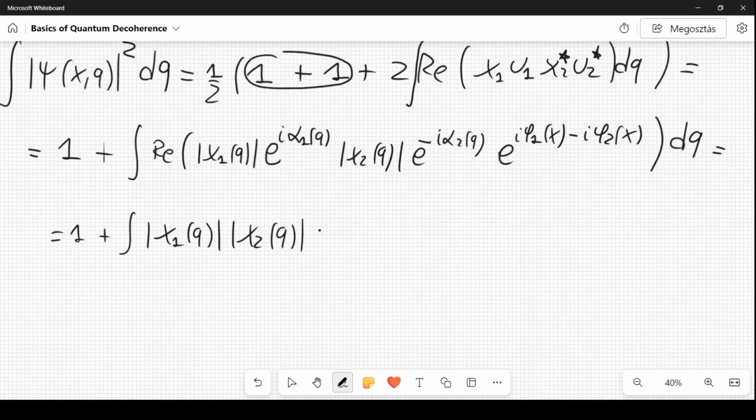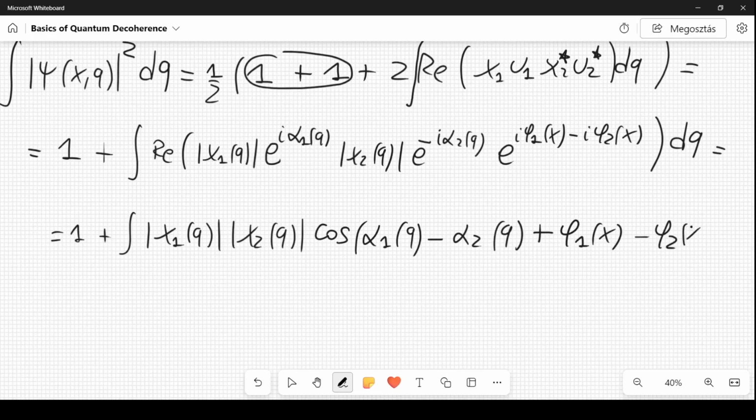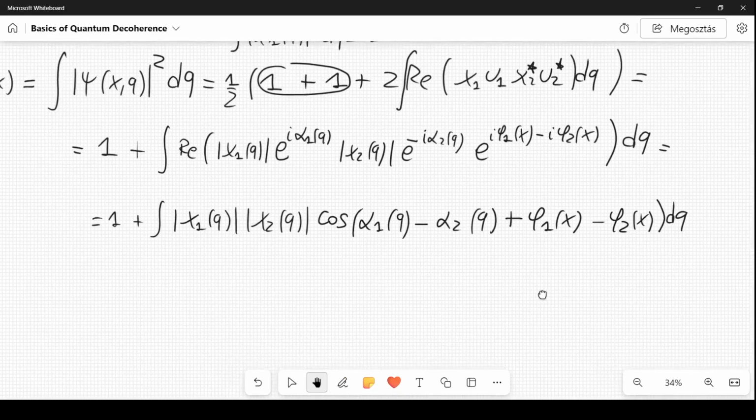And then here we have the cosine of alpha 1 of q minus alpha 2 of q, and then we have plus phi 1 of x minus phi 2 of x, like this. And then we have, of course, dq, written like this.